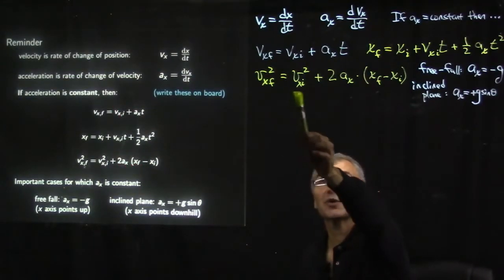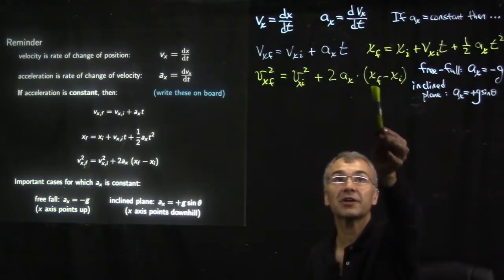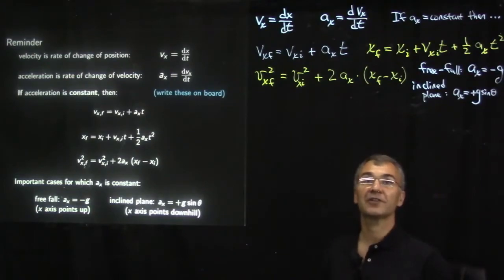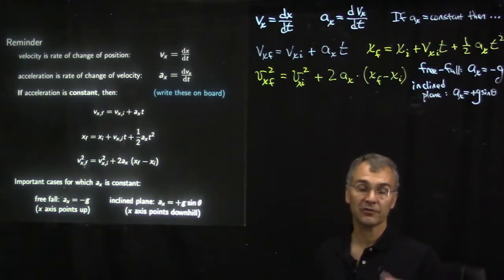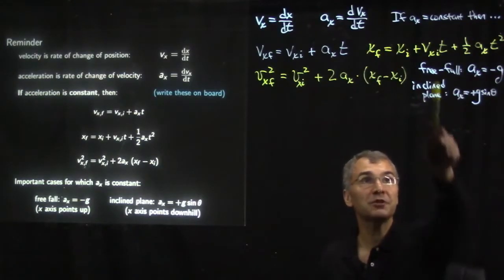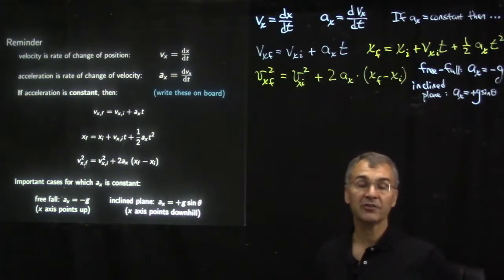So Vx final squared is Vx initial squared plus 2 times a sub x times x final minus x initial. Okay, and the two important cases so far for which a sub x is a constant, so where we have constant acceleration in the x direction: we have free fall near Earth's surface where a sub x is minus g.